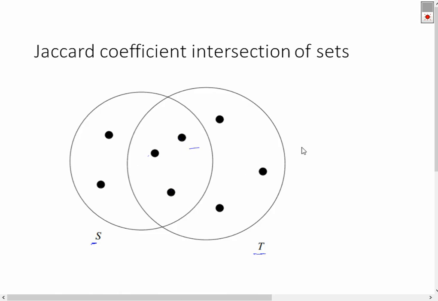The union of them, S union T, is equal to 8, and the intersection, S intersection T, is equal to 3. So I've just created a ratio, which is actually 3 over 8, to give me a measure of how relevant these two things are. How similar they are is another way of saying it. And that's basically what the Jaccard coefficient does: it intersects these two sets and gives me that measure.